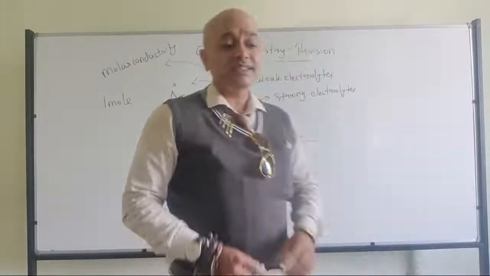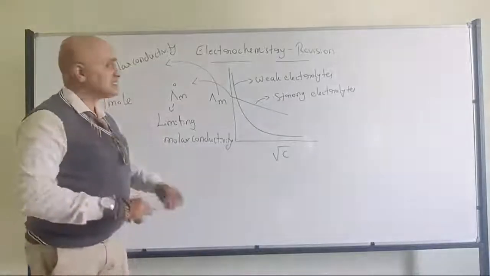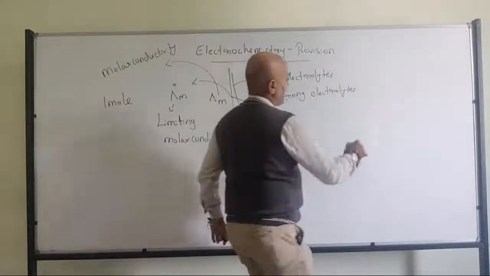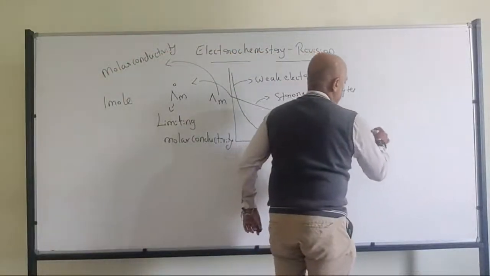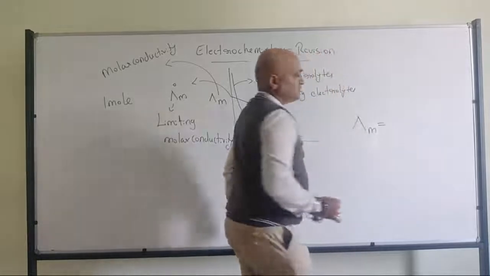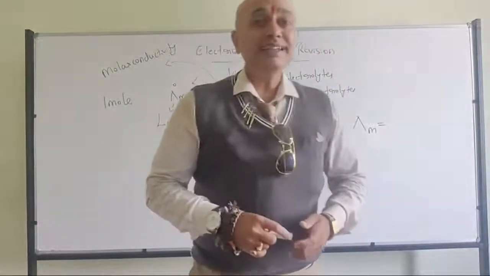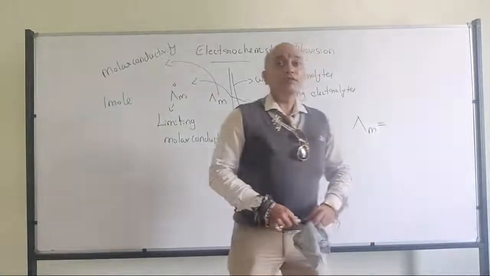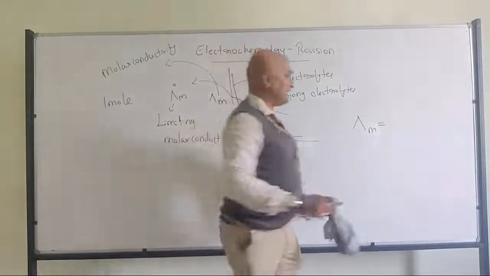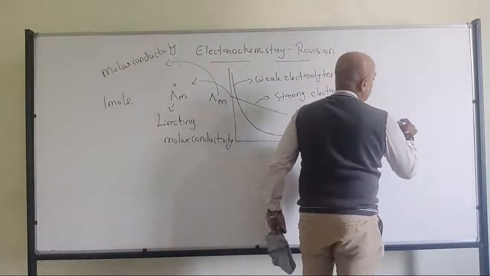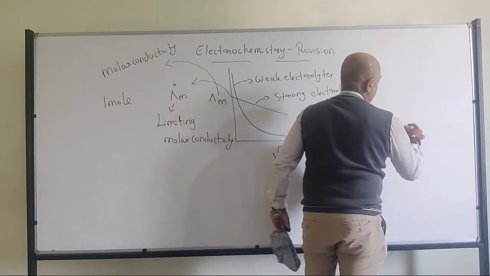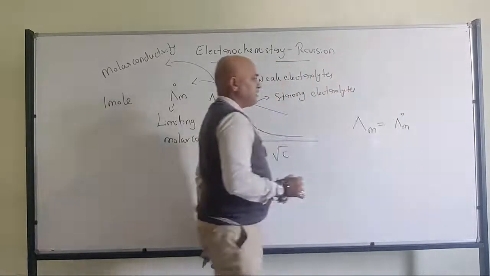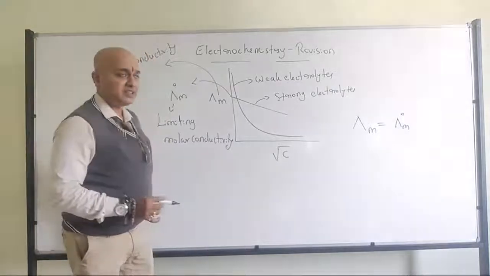Then we were discussing weak electrolytes, where it will follow y is equal to mx minus c. So when I am talking about limiting molar conductivity, what do we mean by it?